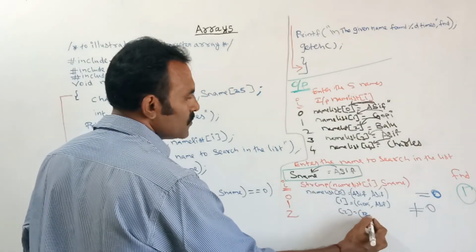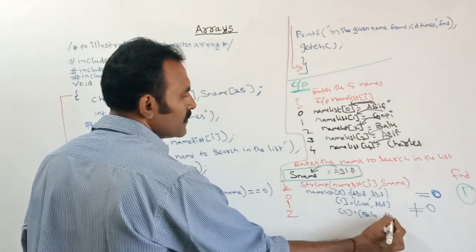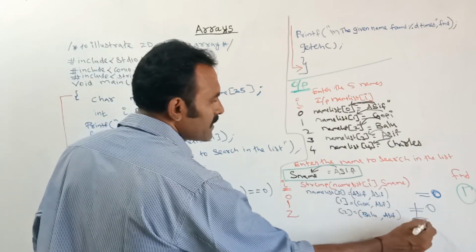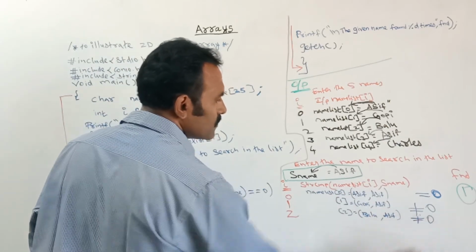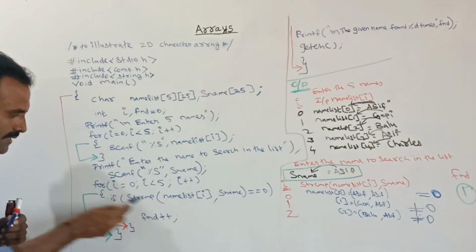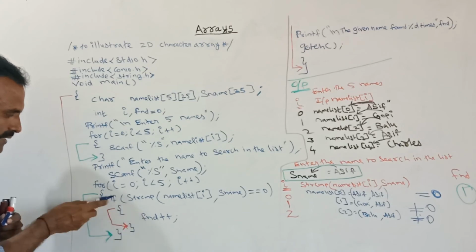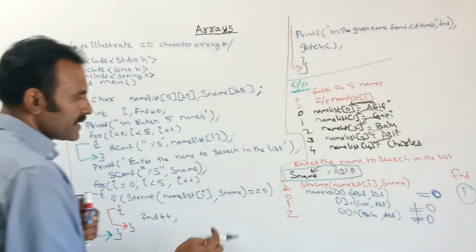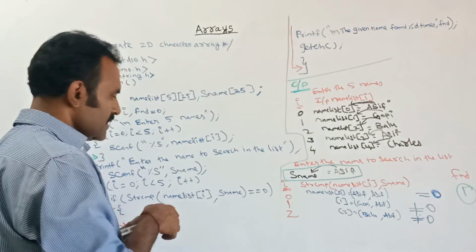So this is also not equal to the given name sname, Asif. Once both strings are not equal, it will not go inside. So the controller goes to the next iteration, and the i value is incremented. Now the i value is 3.